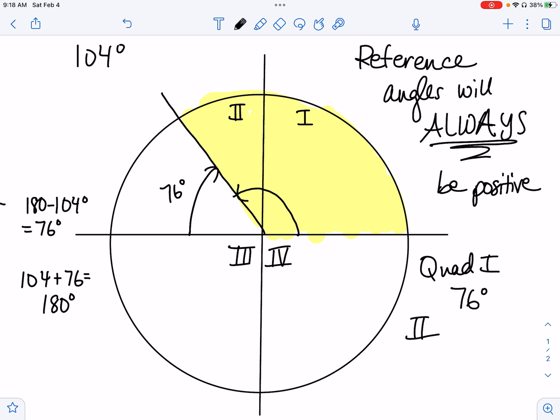Quadrant 2 would be the 104 degrees you started with. Quadrant 3 would be 180 plus 76 degrees, which is 256, because 80 and 70 is 150 plus 100 plus 6.